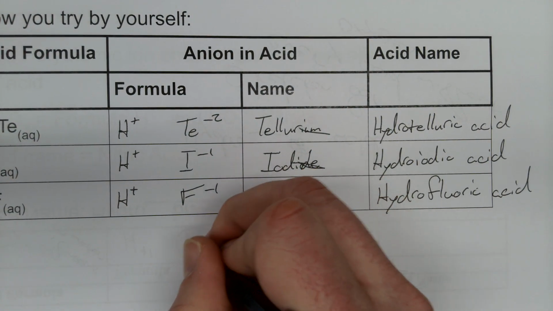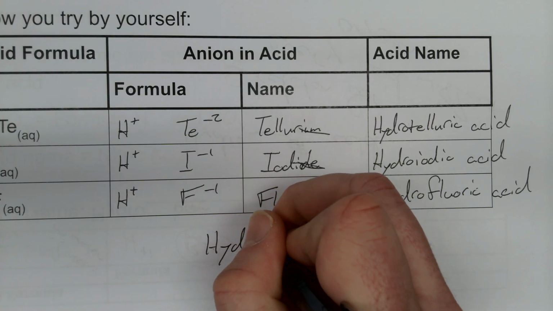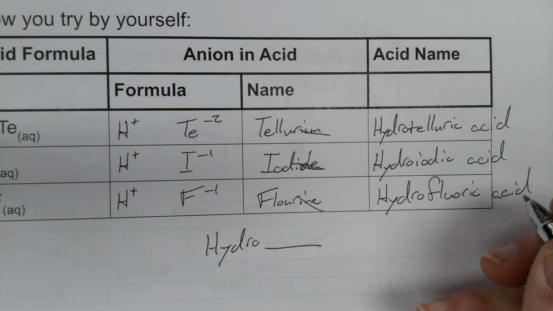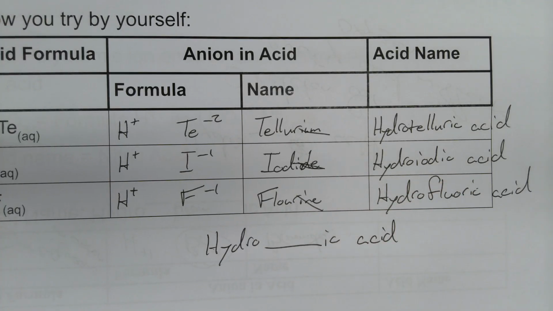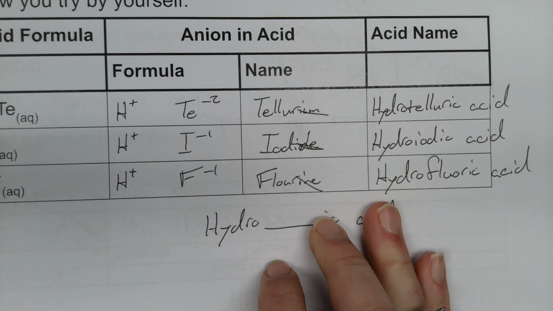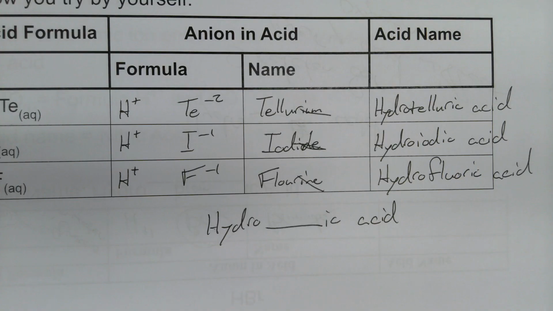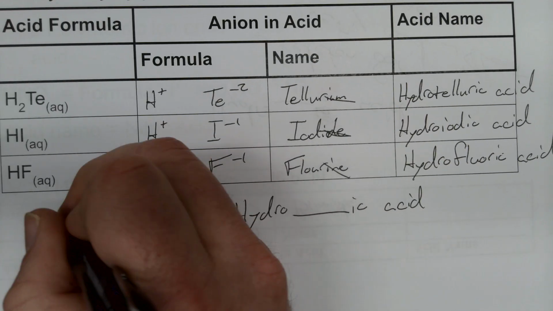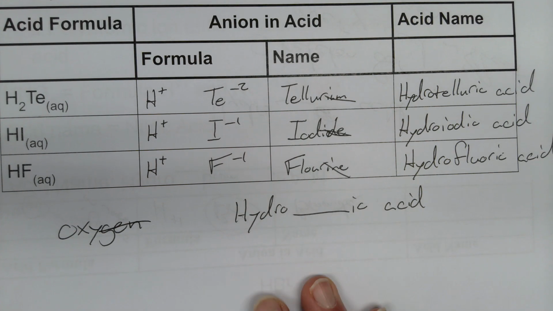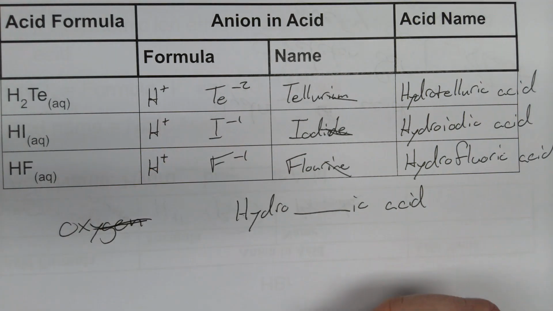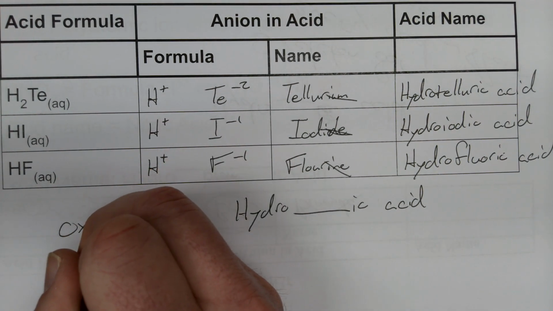Always hydro, what's left of my name, ic acid. You always cut off the end. So it's the same thing like you did for the ion. Like with oxygen, you didn't cut off just the last three letters, you cut off the last four letters for oxide.